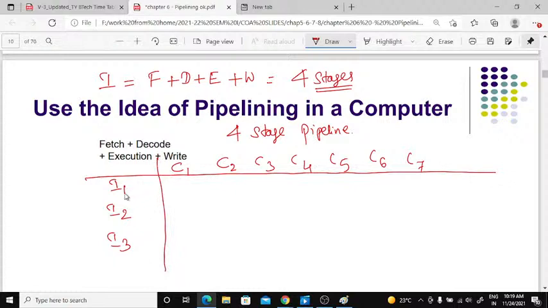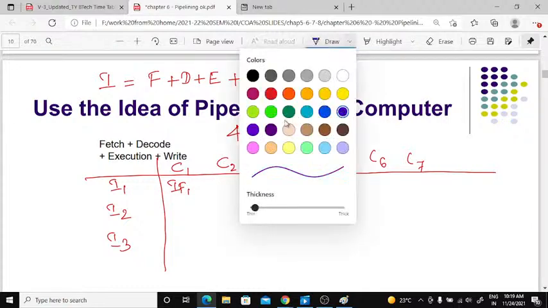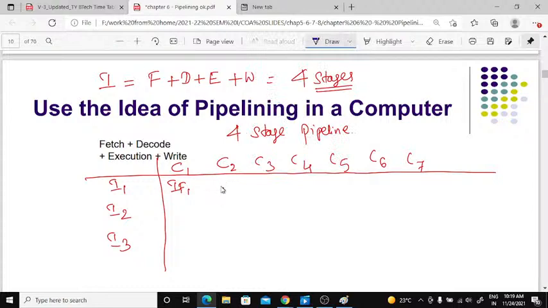Now the first instruction is in the instruction fetch stage, IF1, during clock cycle 1. During clock cycle 2, the first instruction goes to the second stage, instruction decoding.